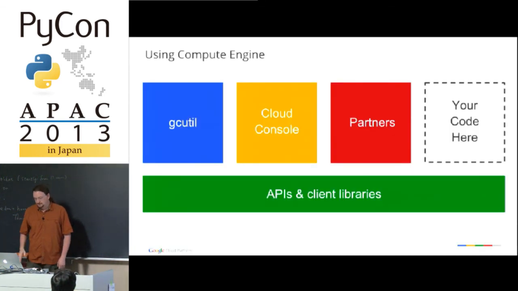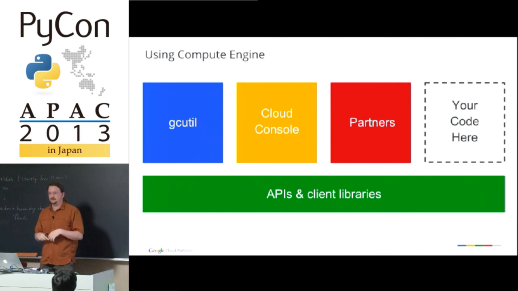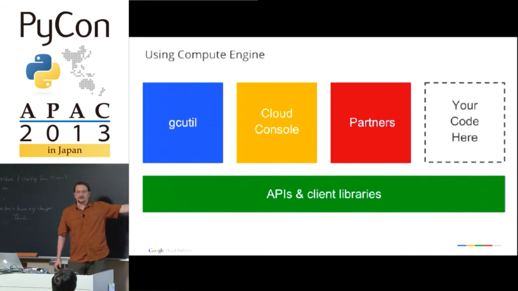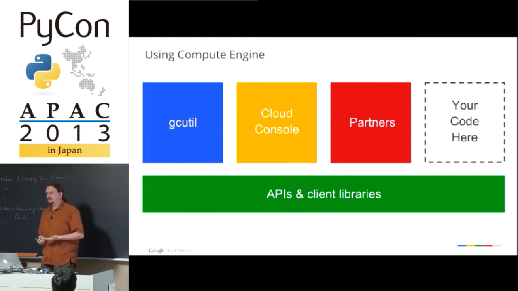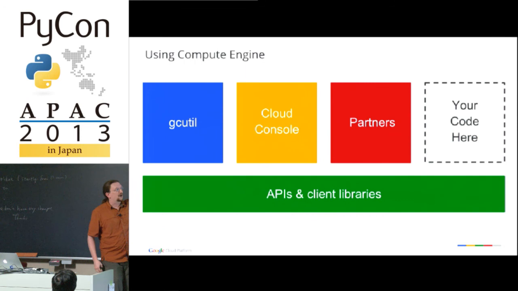First off, everything I'm going to show you is built on top of the APIs and client libraries. All of the Compute Engine APIs, like many other modern Google APIs, are HTTP and JSON-based. And we have client libraries in about a dozen languages. Python is fully supported. And then we build our tools on top of that.